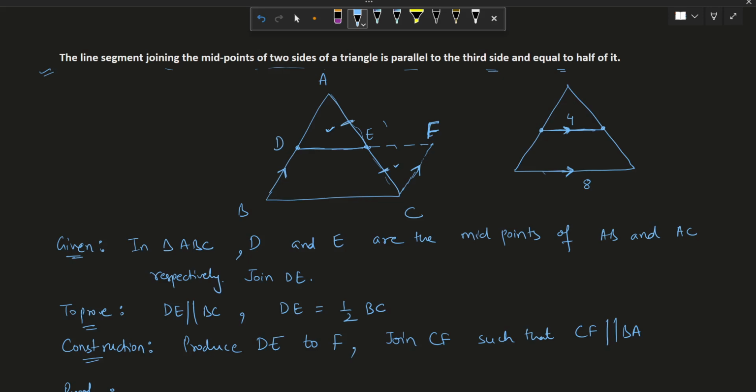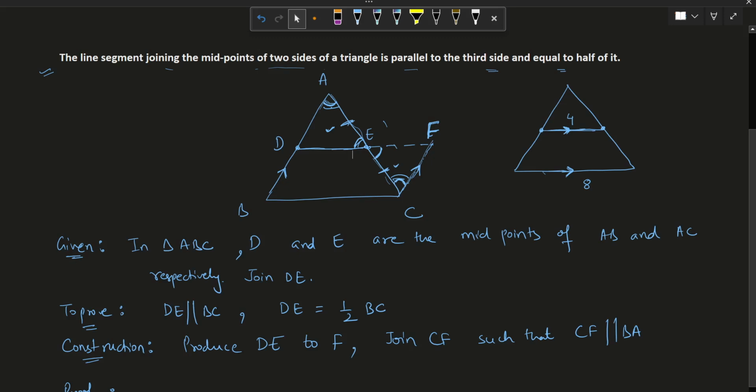We have angle AED equal to angle CEF, vertically opposite angles, and we also have angle DAE equal to angle FCE, alternate interior angles, because the lines BA and CF are parallel. So I have the angle-side-angle congruence rule over here.